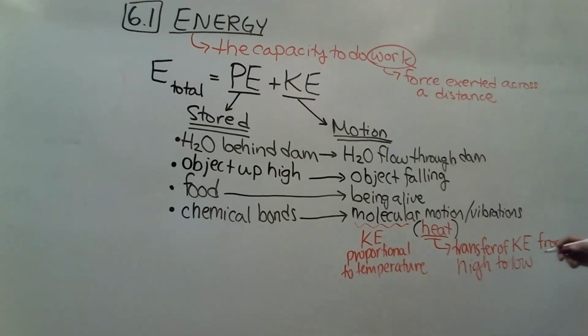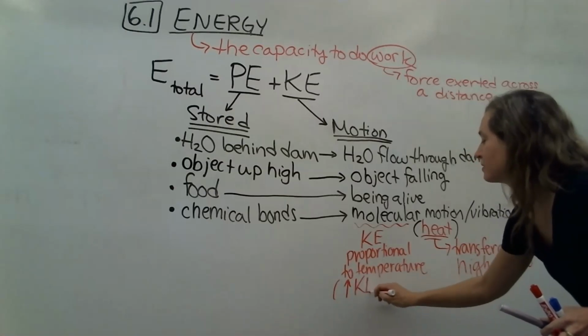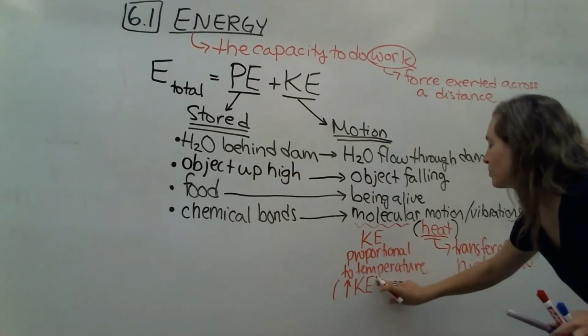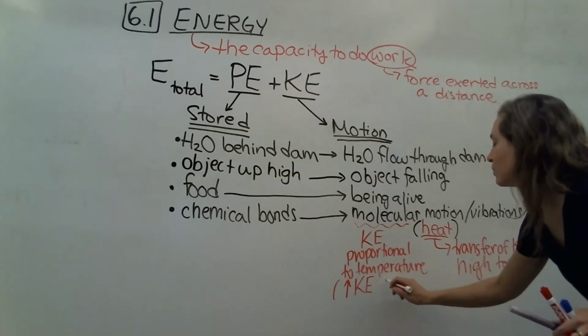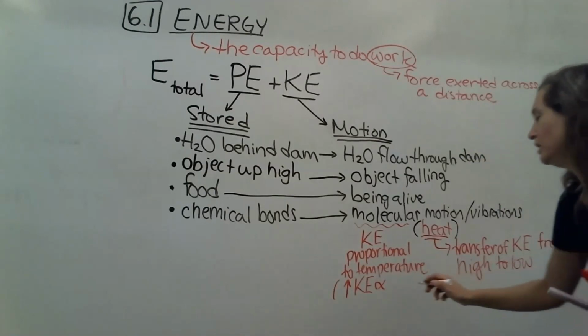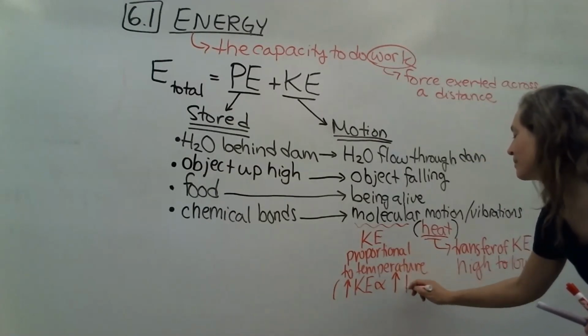So the greater the kinetic energy in an object, we'll say proportional, so I'm not going to say equals, we're going to use a little proportional symbol. That means proportional. So the greater the kinetic energy, the higher the temperature.